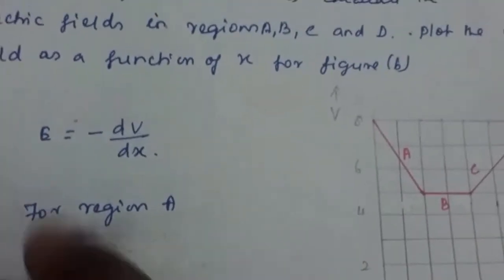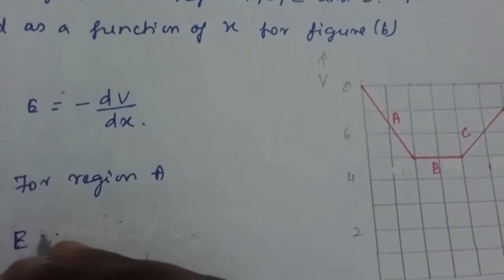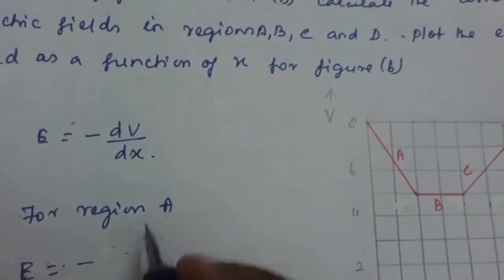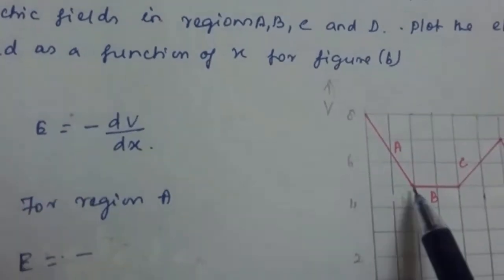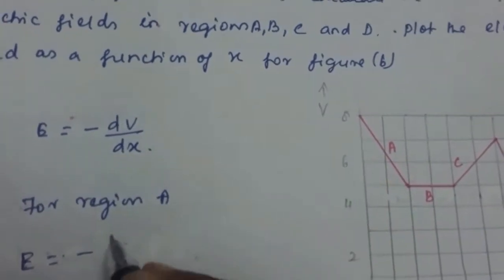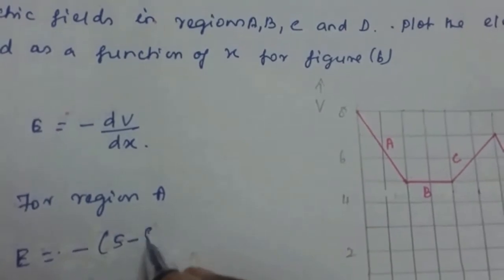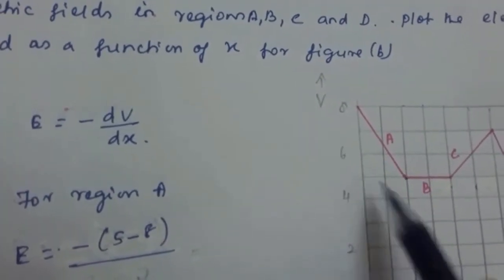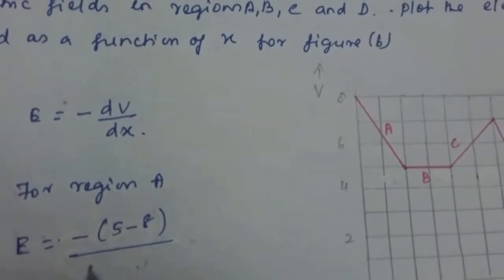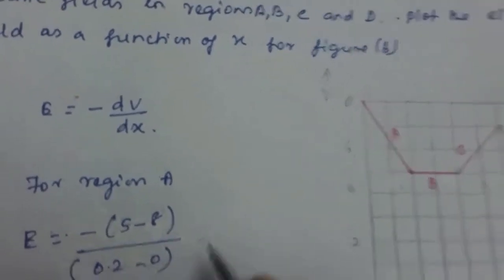For the first region, E is equal to minus dV. dV means final potential minus initial potential. Here your final potential is 5, so it is 5 minus 8, divided by dx, the difference in distance, 0.2 minus 0.